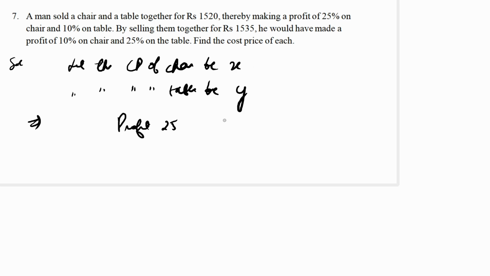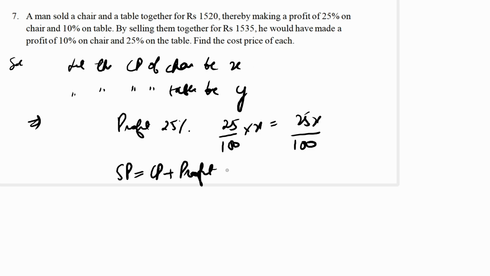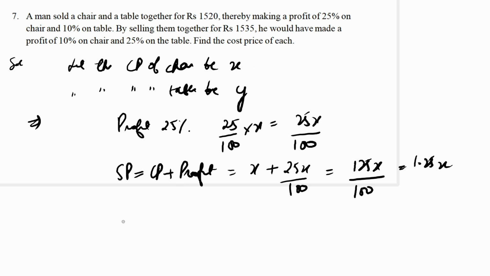Profit is 25%, that is 25 upon 100 of x. So this will become 25x upon 100. Now selling price will be cost price plus profit. So cost price will become x and profit will become 25x upon 100. That will become 125x upon 100, that will become 1.25x.